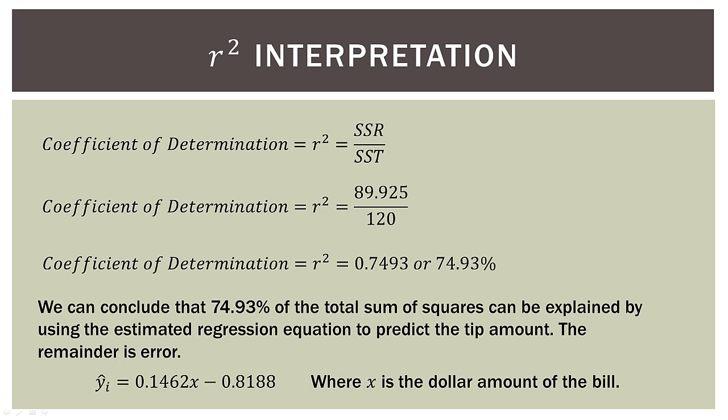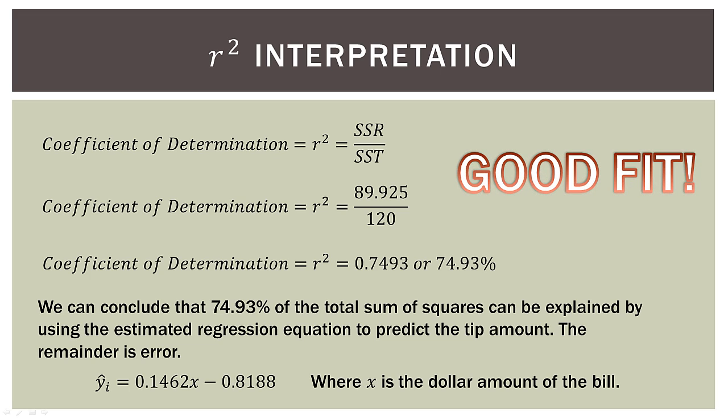So it's really about partitioning the total sum of squares as a percentage, saying, hey, this percentage belongs to SSR, and this percentage belongs to SSE. And then we can develop a model that says this fits well or does not fit well. In this case, it is a good fit. So a coefficient of determination of 74.93% is good.